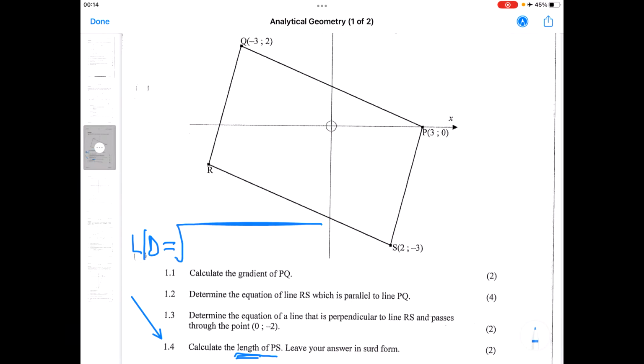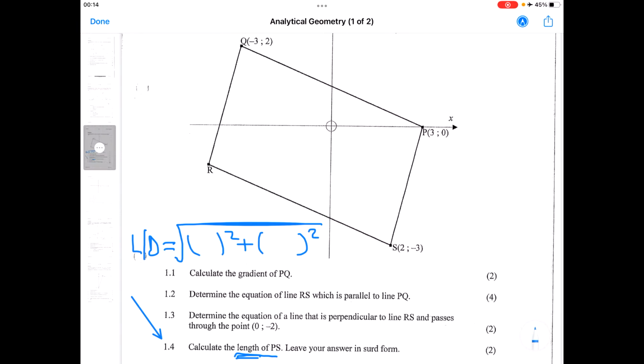I'm pretty much sure that you do know the formula. It's either you are given it on your formula sheet, but just make sure that you know it by heart. You know what's inside: x2 minus x1, y2 minus y1. Most importantly, the distance of PS. Where is P? Where is S?